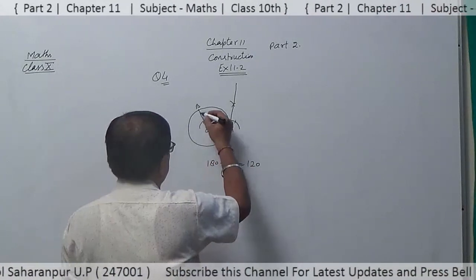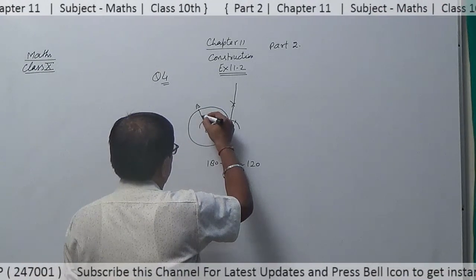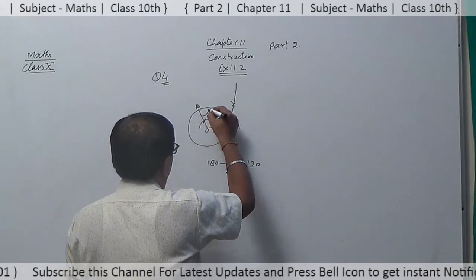Also, from point B, we will draw the angle of 90 degrees.